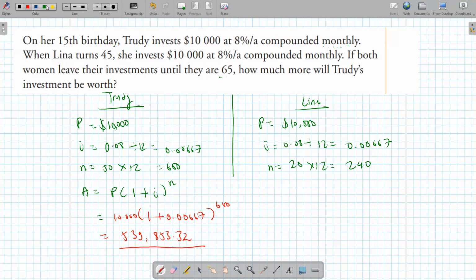Let's find Lena's, and you're going to plug this into your calculator. The amount for Lena is P, 10,000, times 1 plus 0.0067 to the power of 240. Why don't you try plugging this in?